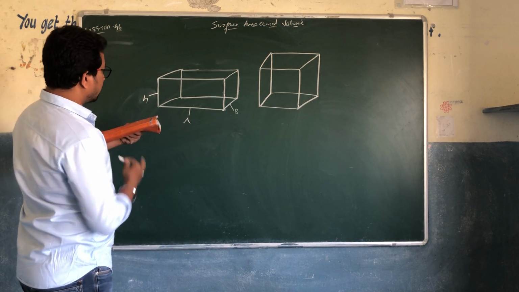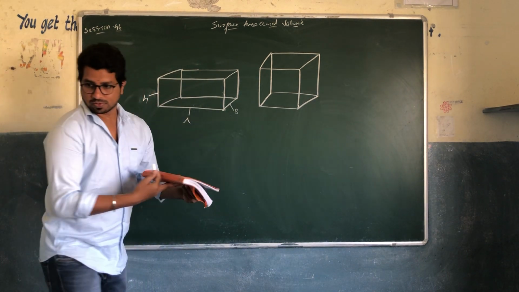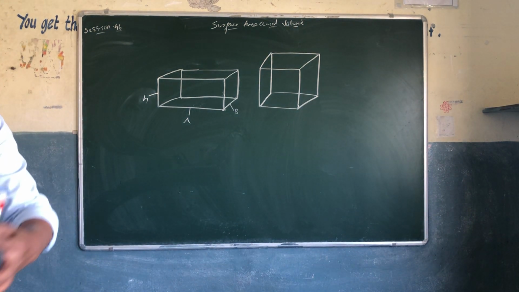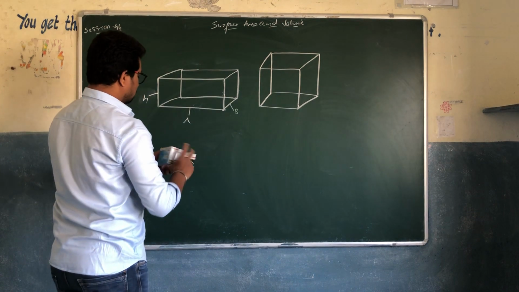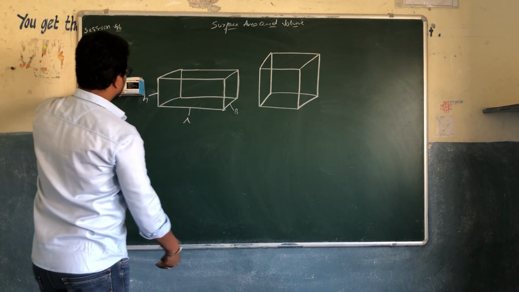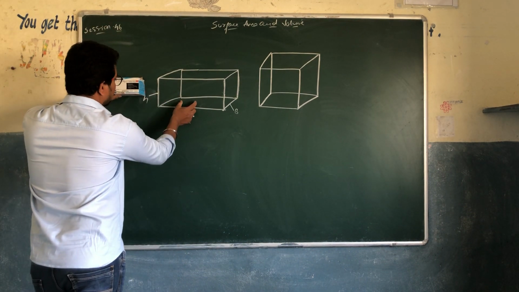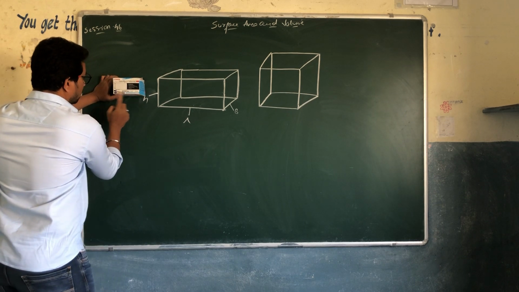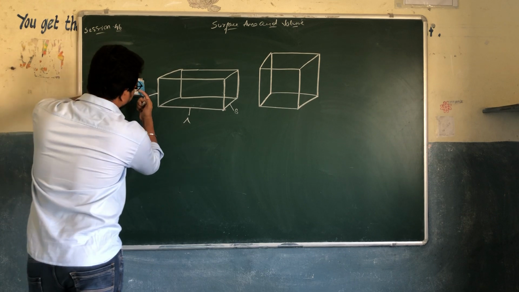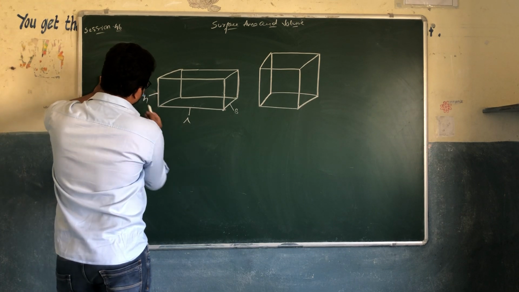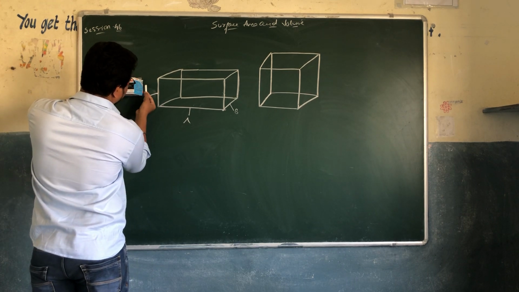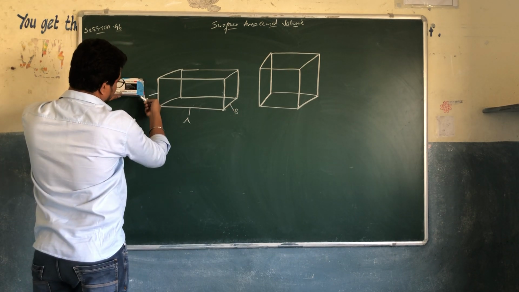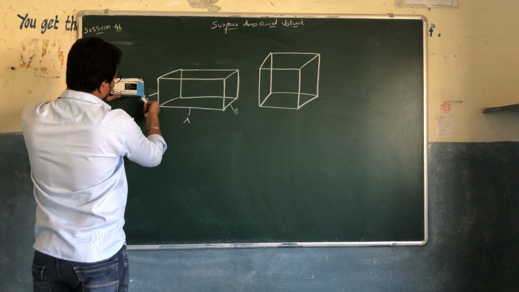Okay, let me take this one again. This is the front one, so here to here is length, and here to here, this complete part, is breadth, and next this one is called height.